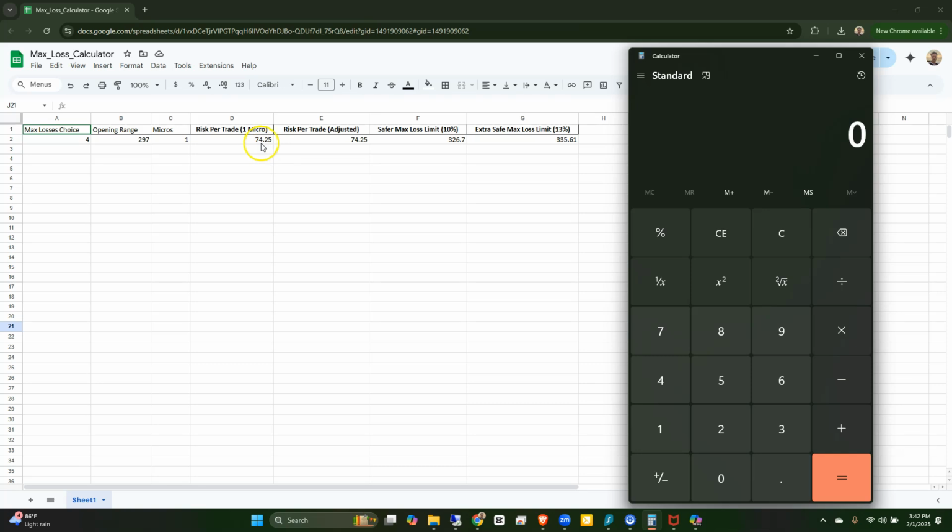Therefore, the risk per trade was $74.25. There's no need to adjust because we're only using 1 micro. $74.25 times 4 max losses is $297. So in our Trader Pro in the back end, I put exactly $300.